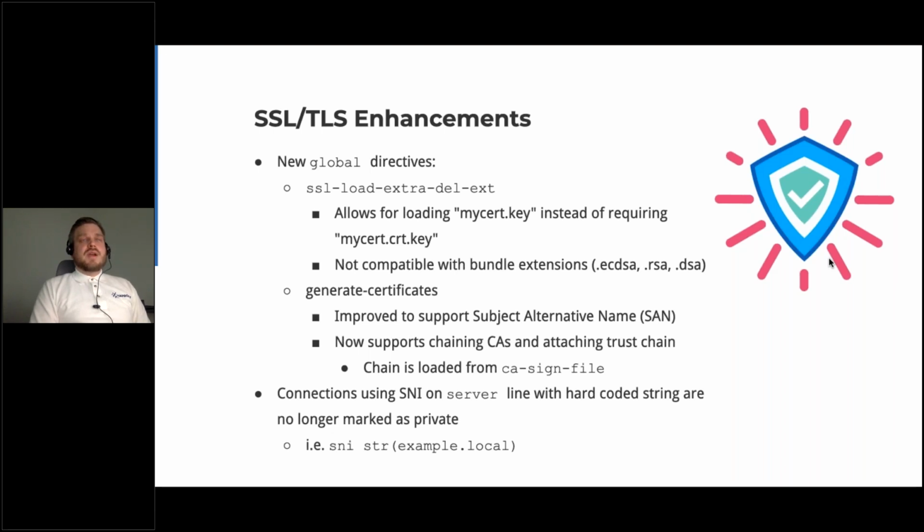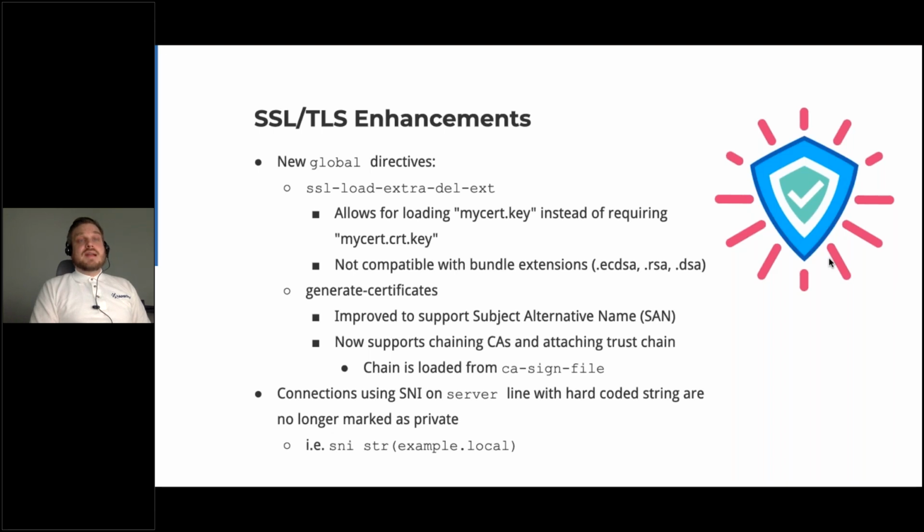So a very powerful but rarely talked about feature in HAProxy is its ability to dynamically generate SSL certificates on the fly when provided with a CA certificate and its private key through the generate-certificates keyword.